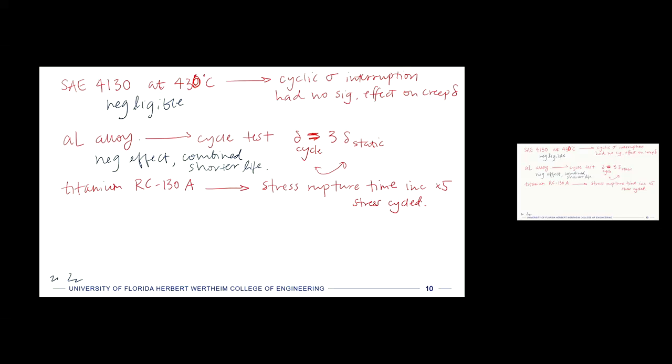So there is some interaction, and it reduces the lifetime if it has those cyclic conditions. And then for the titanium, they said when the stress is cycled between those 2 values compared to held there, the rupture time increased by a factor of 5. So that's a positive effect. It's combined for a longer life.